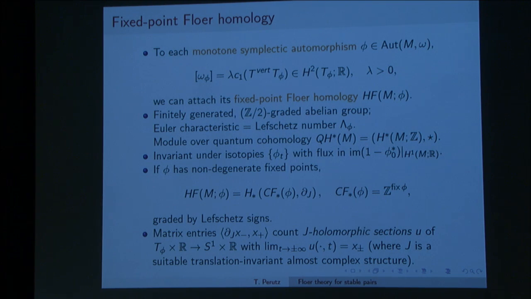Okay? So provided that those sections have finite energy, they then have well-defined limits as t goes to plus or minus infinity, t is the R coordinate, and those limits are horizontal sections, or equally fixed points of phi.